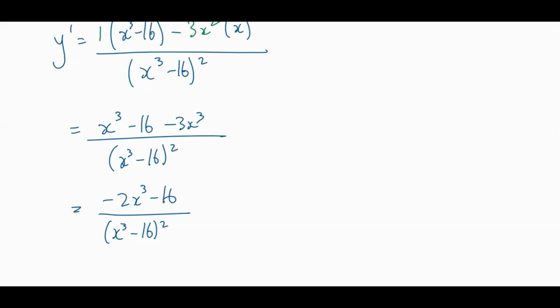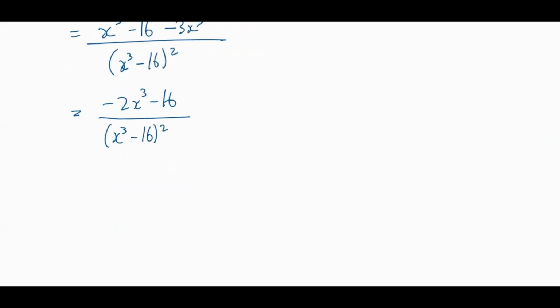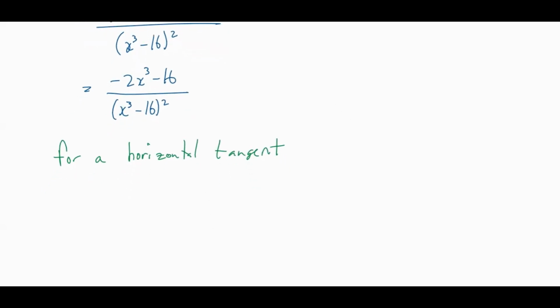Now we're finding the points where the tangent line is horizontal, so I'm just making a note. You wouldn't have to write this, but for horizontal tangent, we're going to take that expression and set it equal to 0.